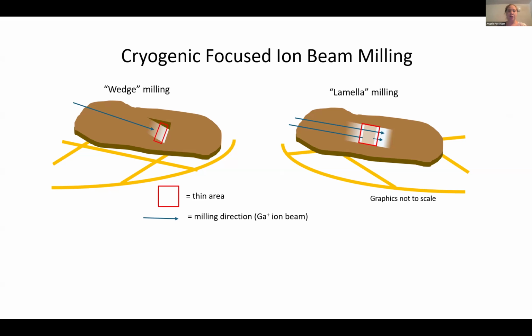And we used 2 basic different geometries for FIB milling, generating a wedge, which basically results in a very thin area just at the edge of that kind of angular section, or a lamella where we were thinning above and below just to generate a very thin bridge, essentially, of material that would be electron transparent for imaging.